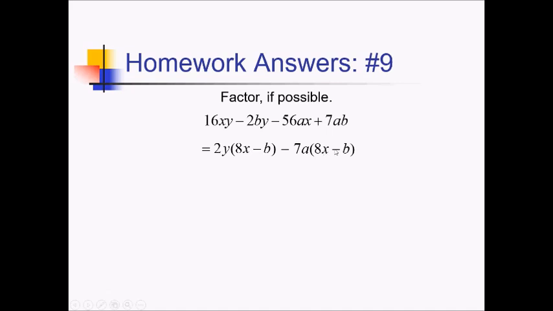Since I have 8x minus b repeated here, I can take that out as a common factor, and then the leftovers, 2y minus 7a, go in a parentheses next to it. And you can see that if you were to distribute this back out, you would have 8x minus b times 2y, this first term, and 8x minus b times negative 7a, this other term here.